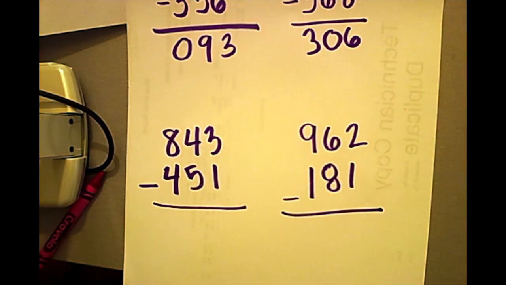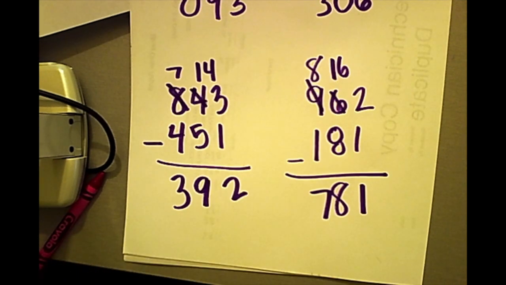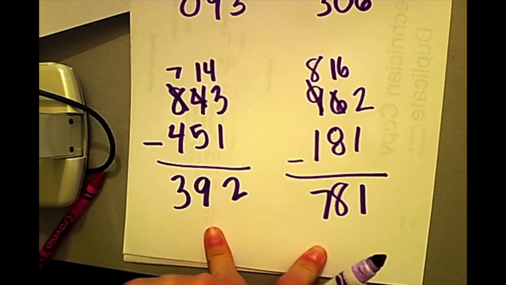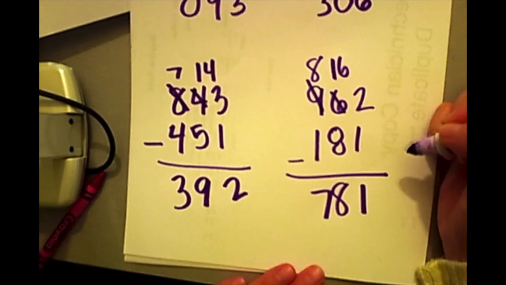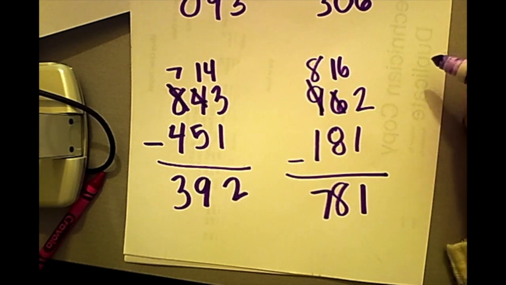Okay, go ahead and work on those. Put it on pause and work on those. Okay, do your answers look like mine? Okay, if they do, then that means that you are ready to go ahead and move on to your math problems. It is just a reminder of how to borrow, except you have an extra digit in the numbers.